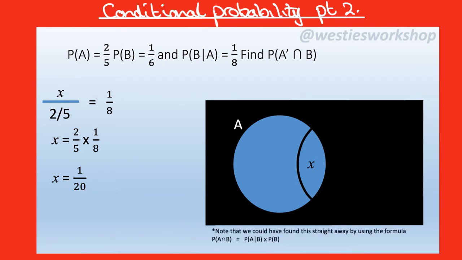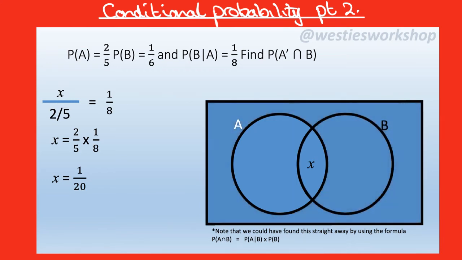Note that you could have found this straight away by using the formula. The probability of A intersection B is equal to the probability of B given A times the probability of A. So X is 1/20.